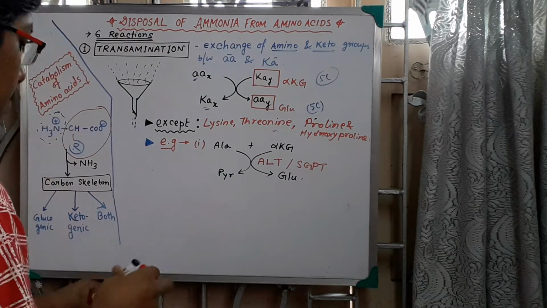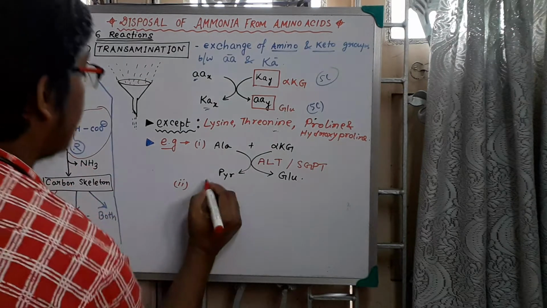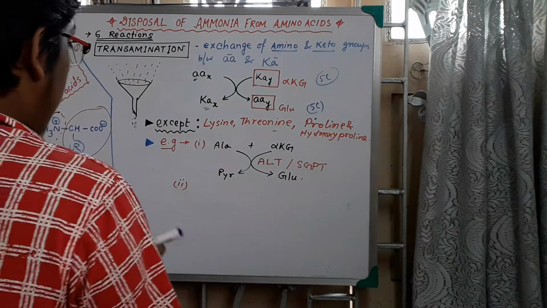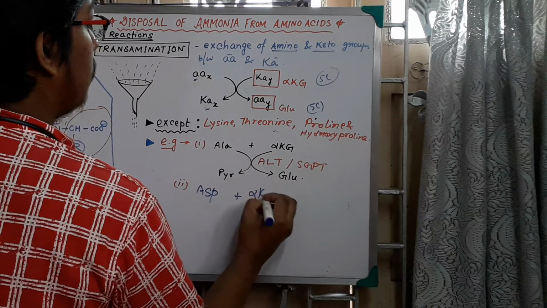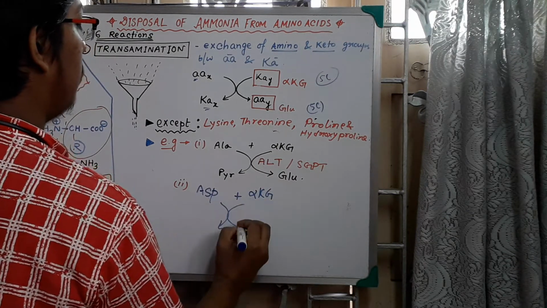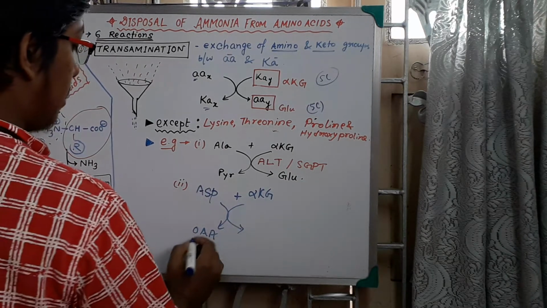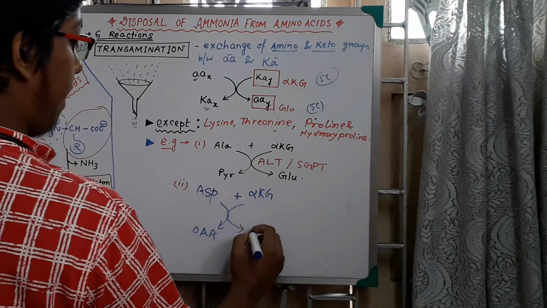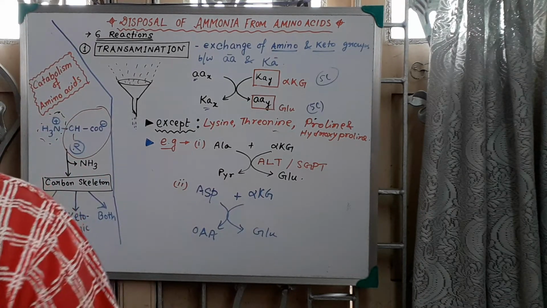Another example of the same type of reaction is aspartate and alpha ketoglutarate. These will react to form oxaloacetate, oxaloacetic acid, and obviously glutamate.